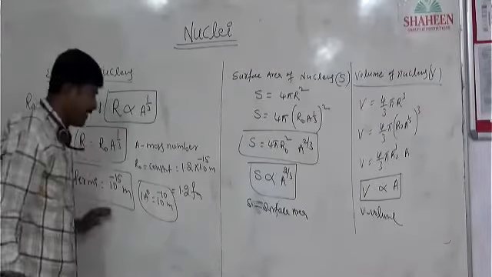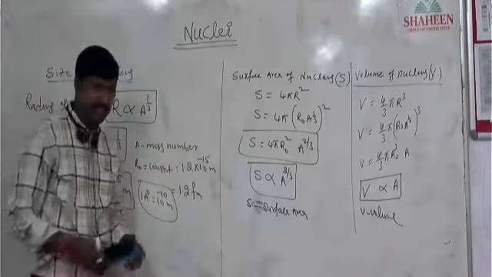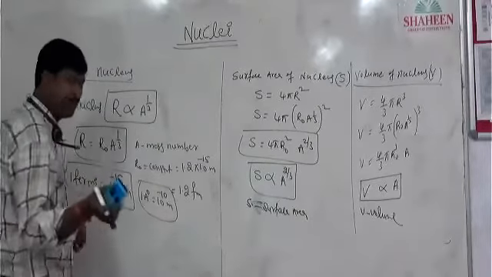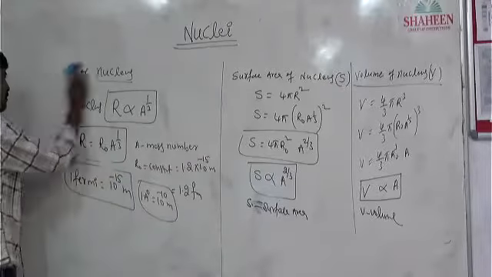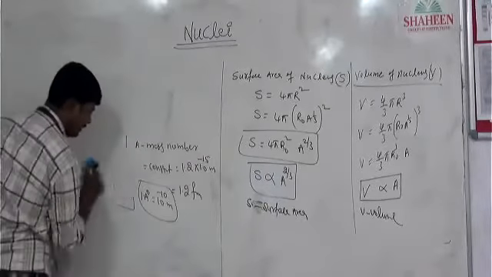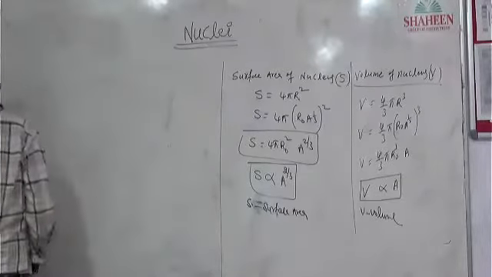Now we have got radius, we have got volume, and we have got surface area. Let us discuss density. Very important one. Look here, density of nucleus.